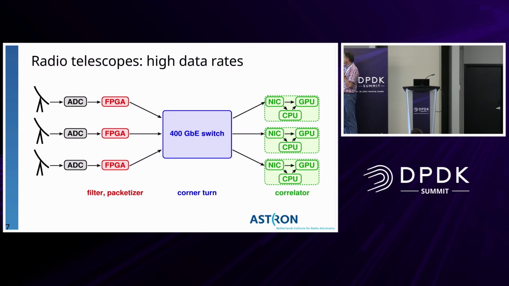Then it goes to a central switch over wide area network links. And then on the right, there are these GPU systems that correlate the data, that combine the data. And the switch does need to do some packet switching because the data can go from any place on the left to any place on the right.